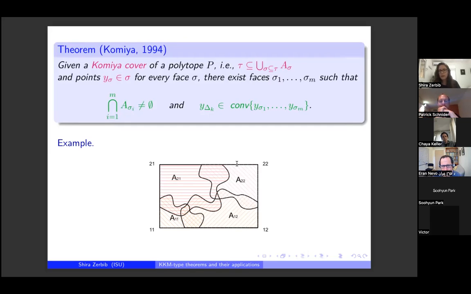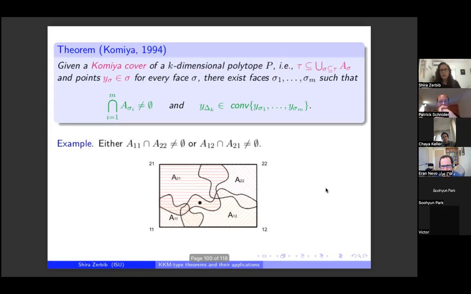For example, this edge is in the union of the sets that correspond to the vertices in this edge. And what Komiya tells us is that either A11, A22 intersect, or A12, A21 intersect. So we have kind of like a seashore lemma, I don't know. In Hebrew, you would say that.